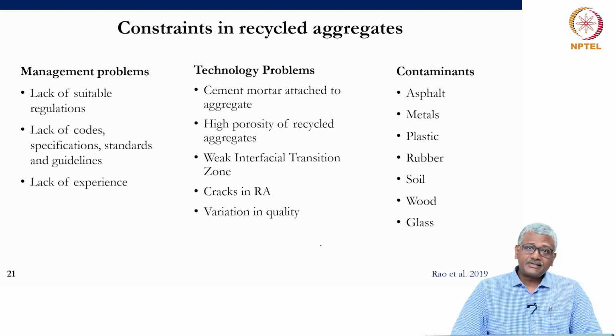There could be contaminants in these materials also, for instance asphalt, metals, plastic, rubber, soil, wood, glass. These are all contaminants that could be present from the source from which the recycled concrete aggregate has been obtained. If you are not careful about segregation, you can get significant quantities of these contaminants and that will affect the performance of these aggregates in concrete.